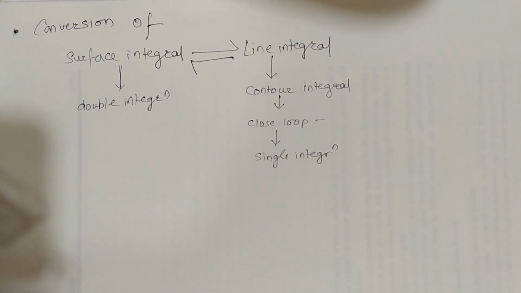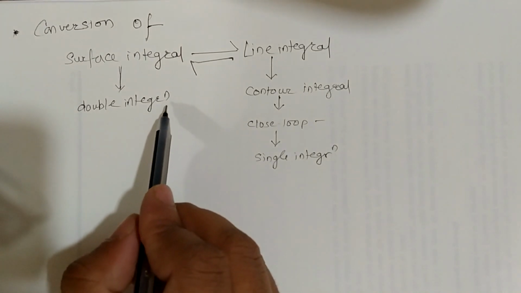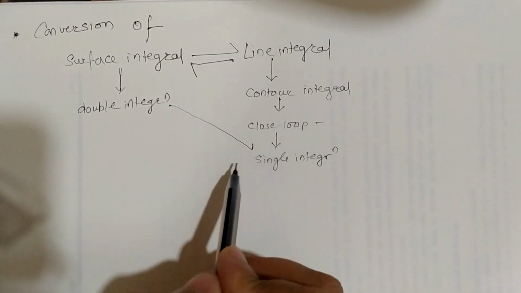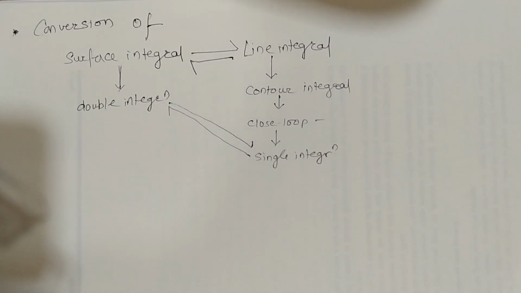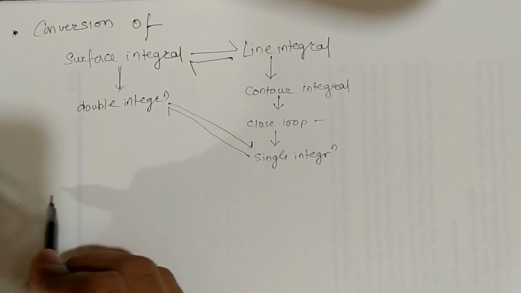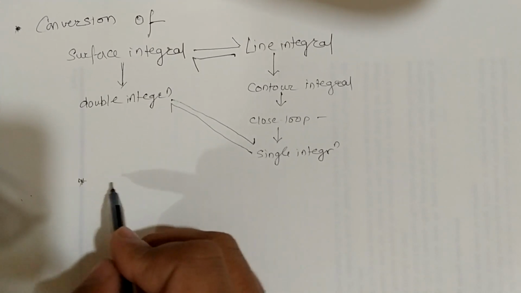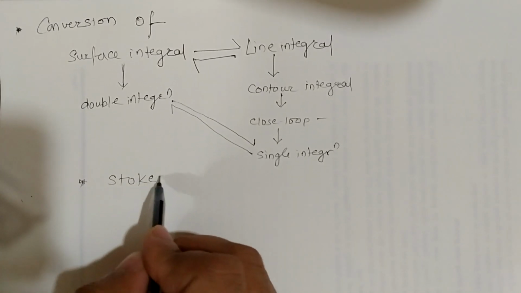So we are converting a double integration into a single integration, and a single integration into a double integration. In electromagnetic field theory, we have an important theorem which does this, and that theorem is known as Stokes theorem.